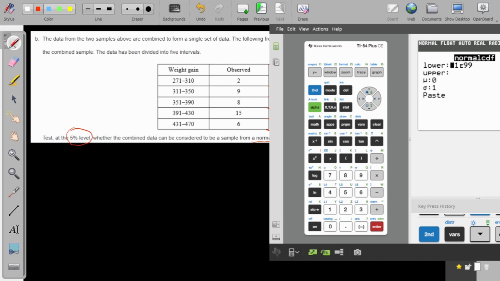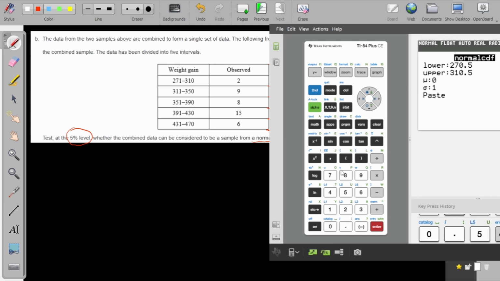So as a lower boundary I will put 270.5, 0.5 before 271, and as an upper boundary I will put 310.5.